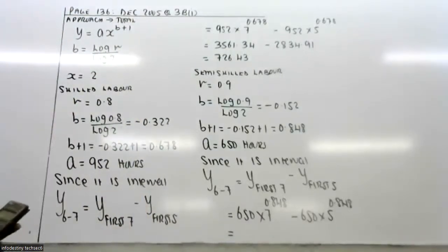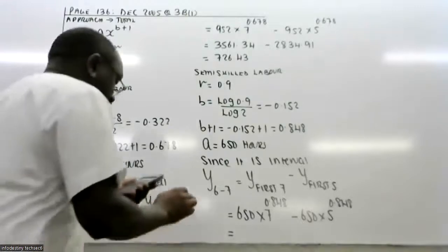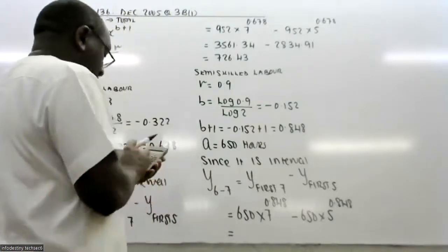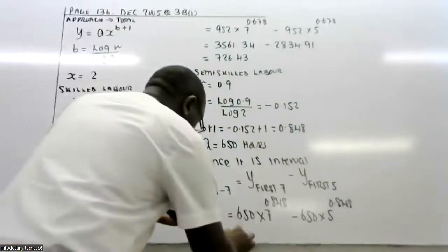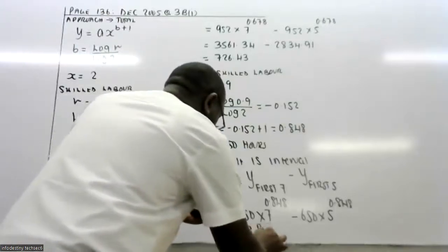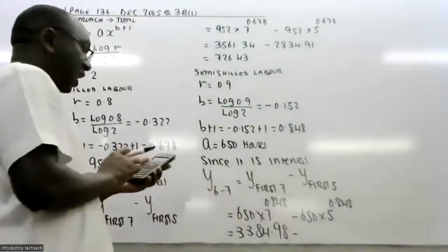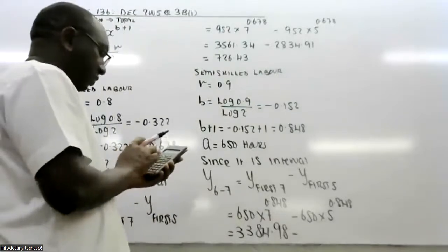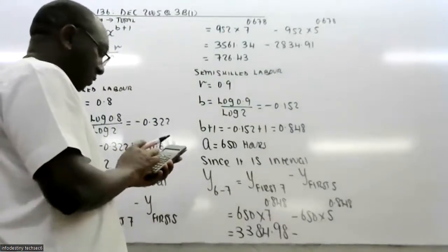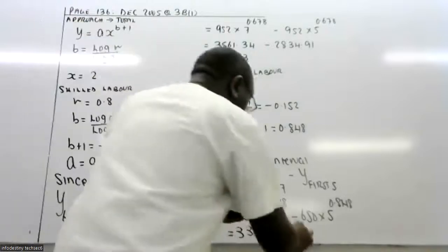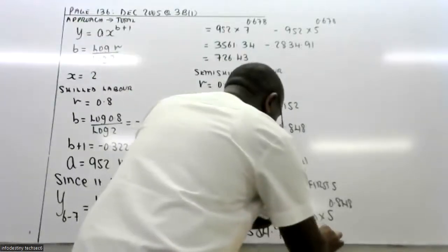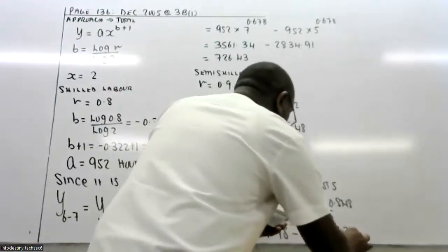So if I say 7 raised to power 0.848 times 650, I'm getting 2384.98, minus 5 raised to power 0.848 multiplied by 650, which is 2544.72.